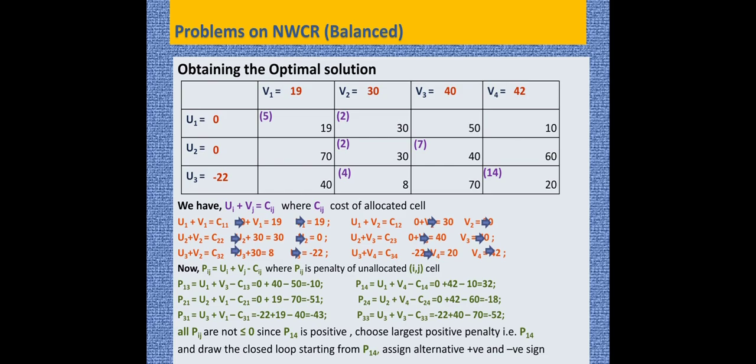I will choose that particular penalty and draw the closed loop starting from P14, and alternatively I assign positive and negative signs. So here this particular line will come here. So if you see, the corners are at allocated cells only. Now I'll assign plus, minus, plus, minus.